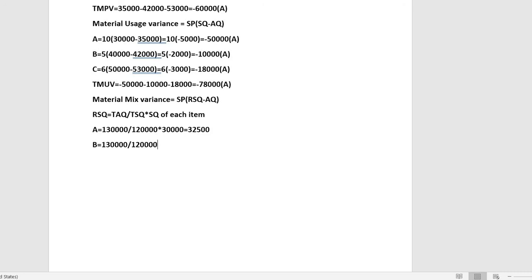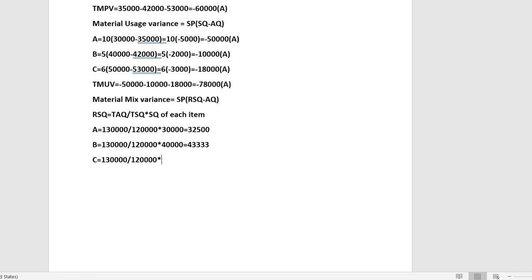Same way for material B, the total actual quantity remains the same, divided by the total standard quantity which also remains the same, 1,20,000 into standard quantity of material B, that is 40,000. The final answer will be 43,333. Next, for material C, the total actual quantity remains same, 1,30,000.